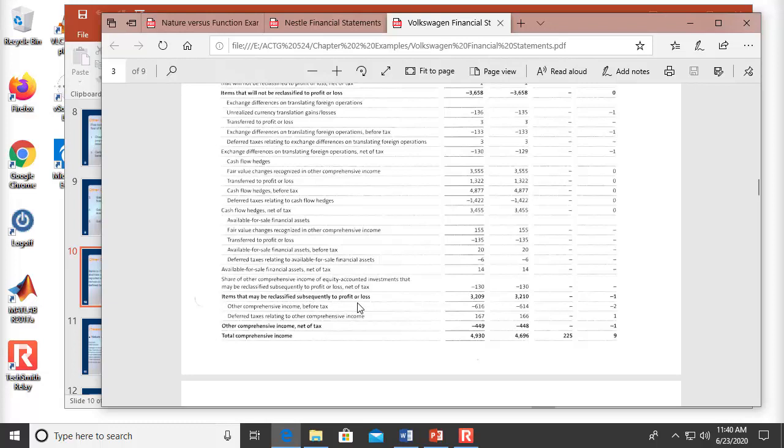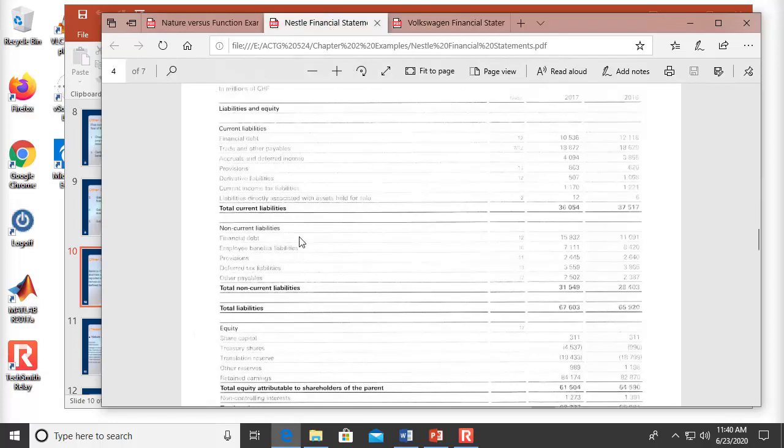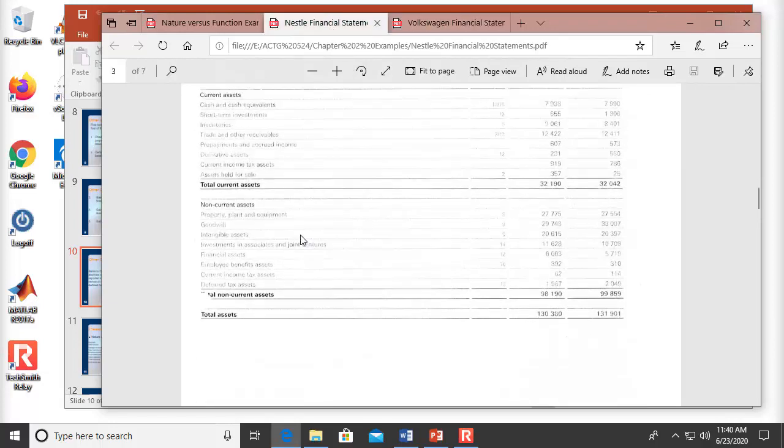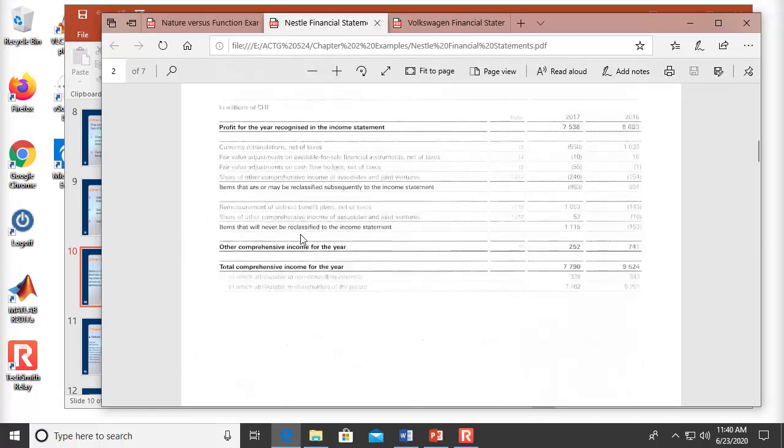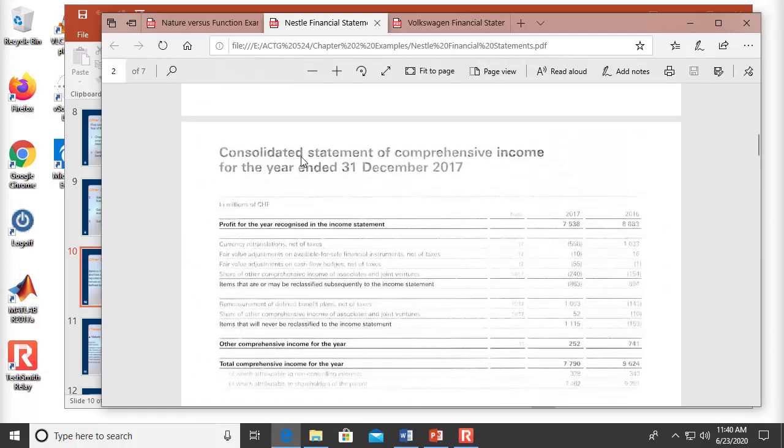Volkswagen is following that grouping or classification specification in their other comprehensive income. If we go look at Nestle, we can see that they do the same thing. Here is their statement of comprehensive income.